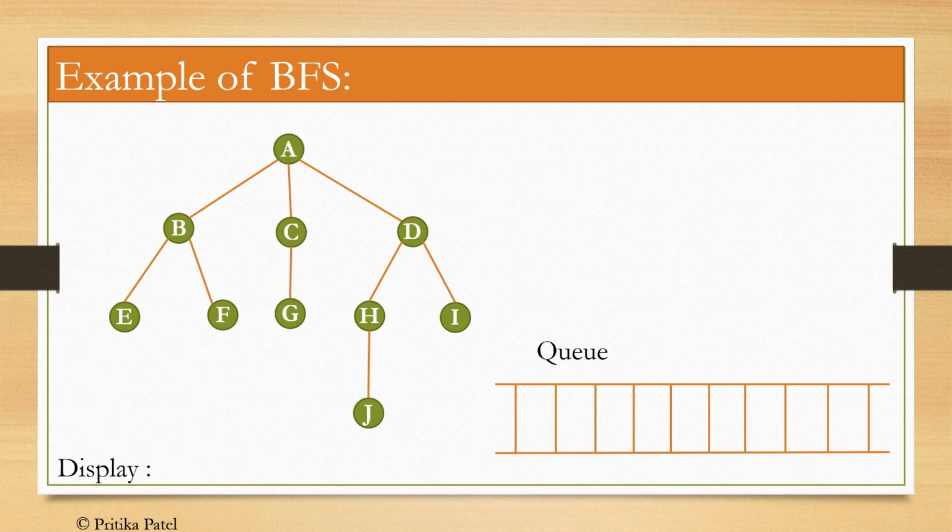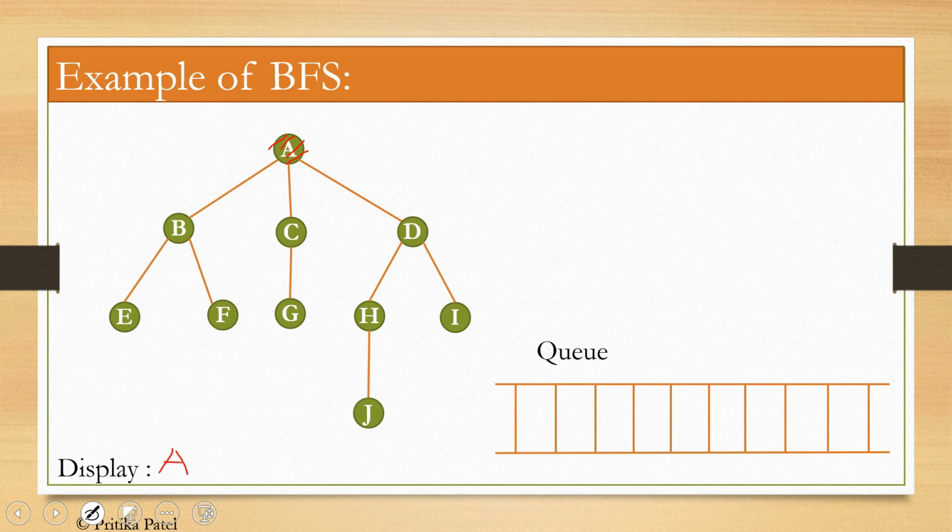So here we start from A. A is the starting vertex and we mark it as visited and display it, right? So here A is displayed. Now set a pointer to the starting vertex.